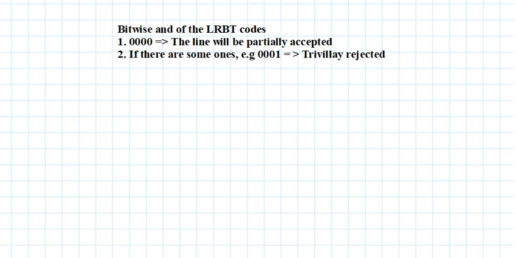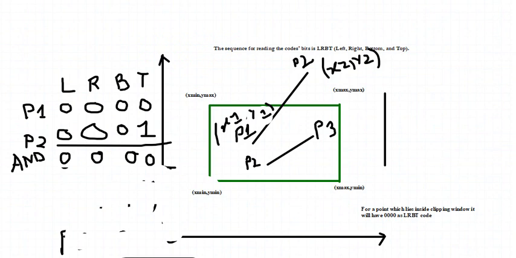Next, just try to figure out what will happen if you do this bitwise AND operation for the LRBT codes of this line P4, P5.